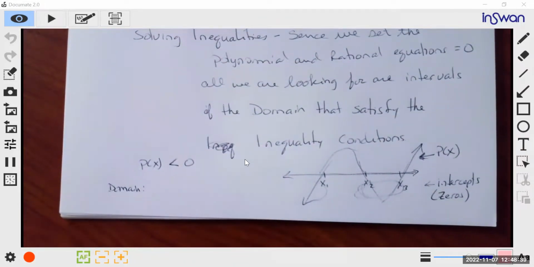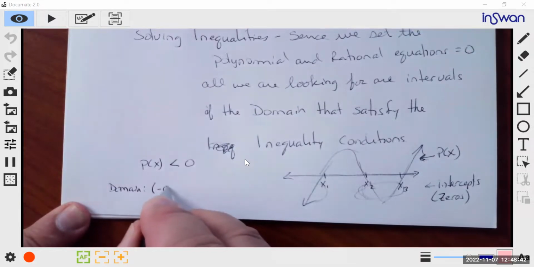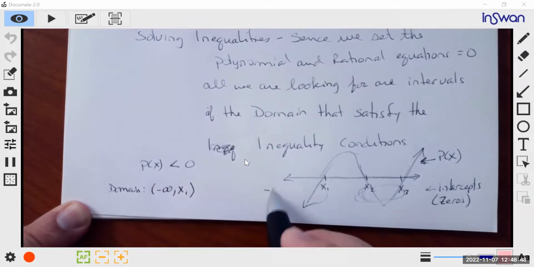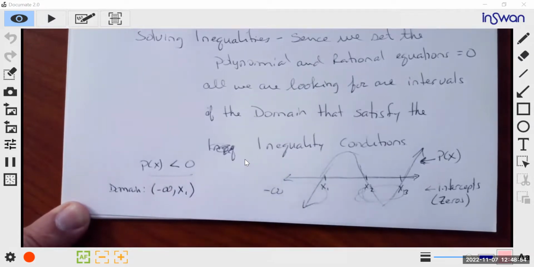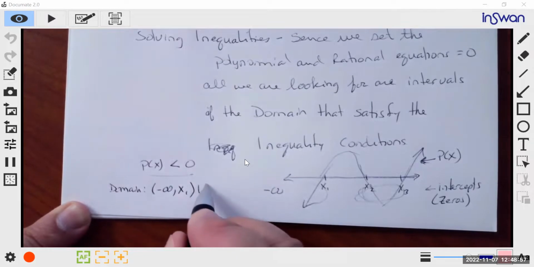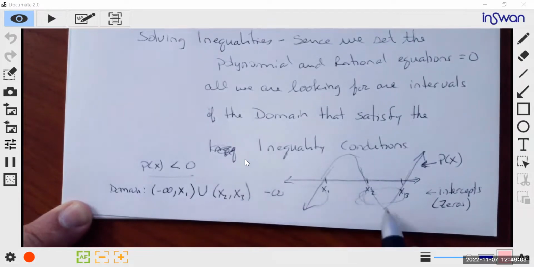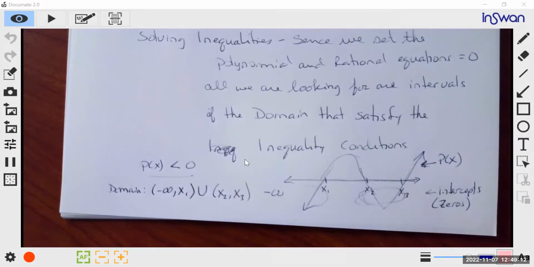The domain here is from negative infinity to x1, since these are below the x-axis, and also between x2 and x3. Make sense?